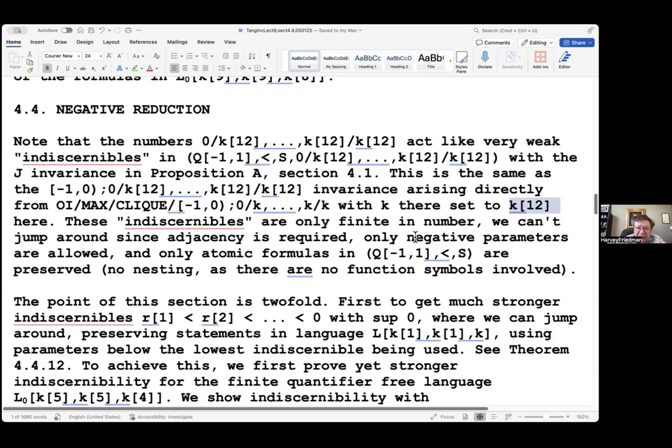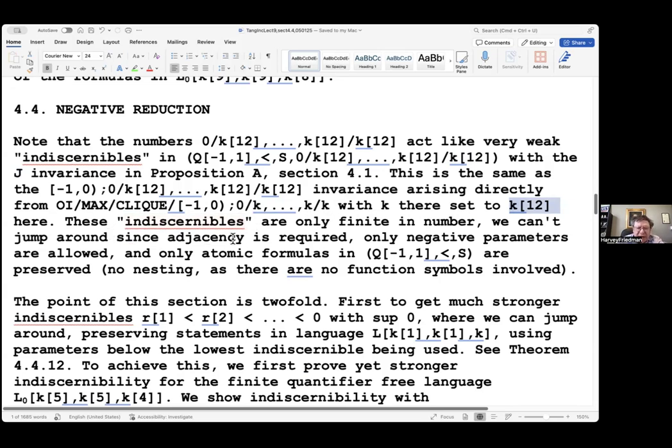We set K to be a particular finite number that's large, a large finite number K. And we use K12 instead of K here. The statement is applied to K12, also with arity K12. We have a maximal clique of a graph. The graph is also in dimension K12, and the indiscernibles are of length K12 plus 1. I guess they go from 0 to K12 over K12.